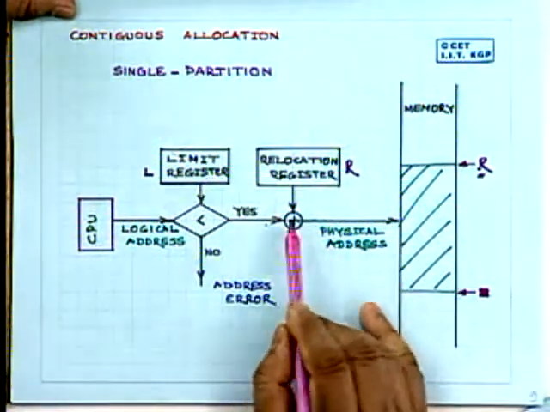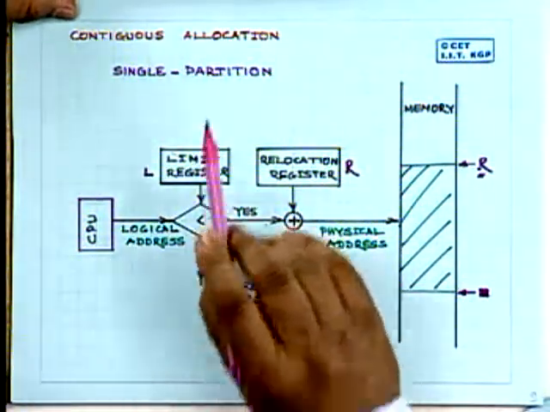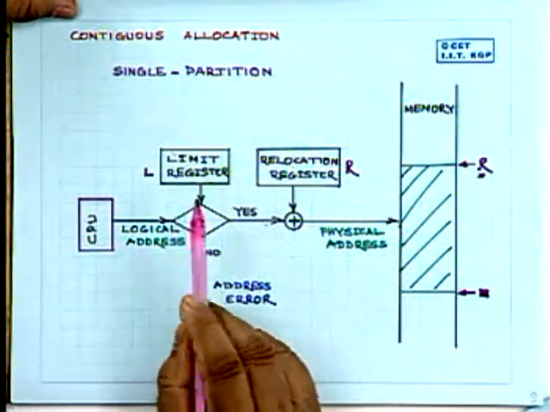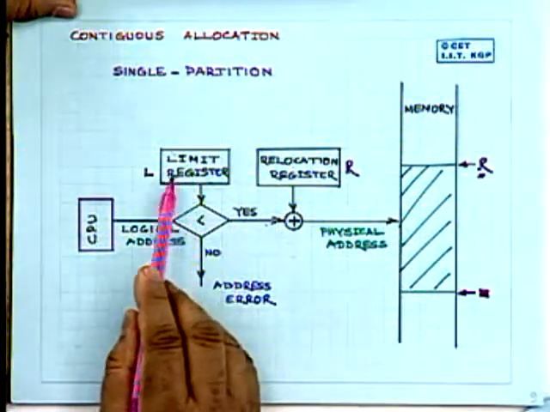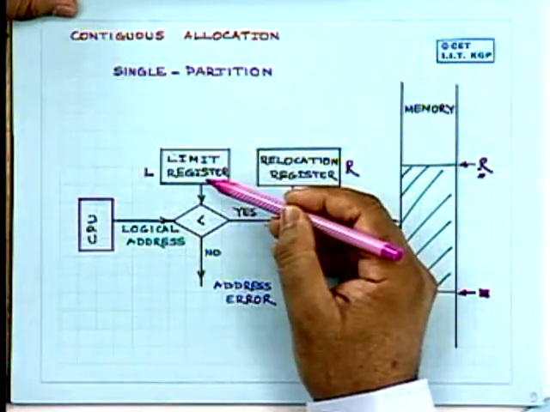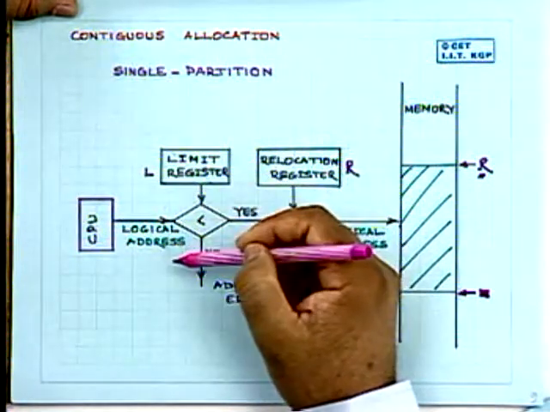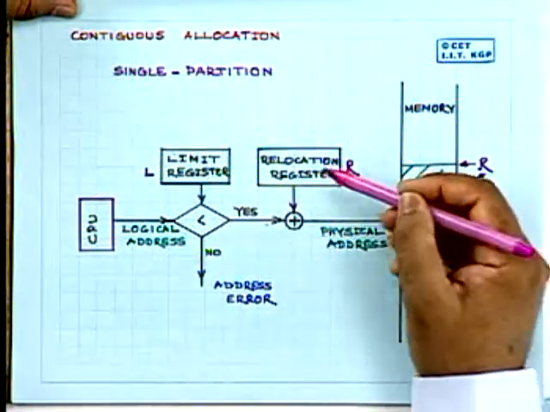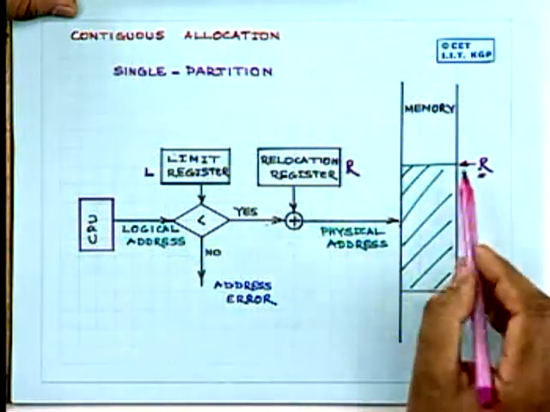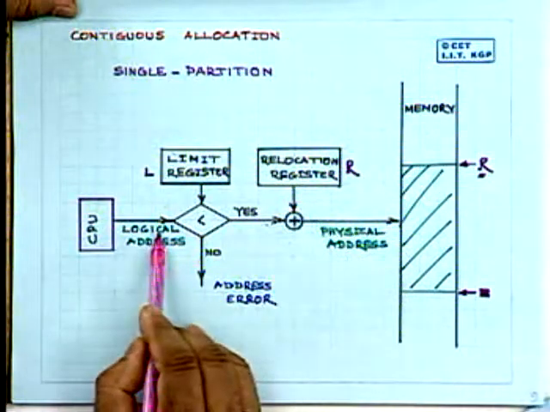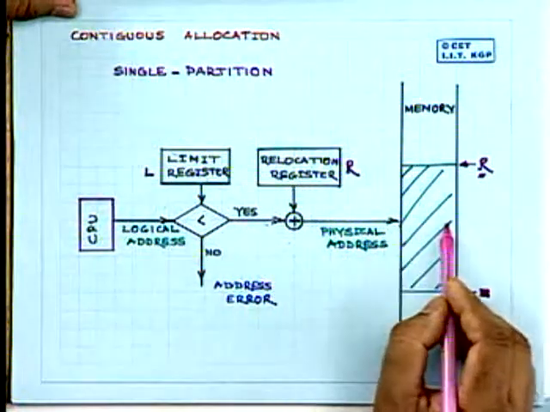Now, this partitioning memory management unit uses two registers. One is the limit register, which takes care of whether the address that is generated goes beyond the logical address space or not, and a relocation register. The value of the relocation register is always added to any logical address that is generated to ultimately arrive at the physical address.